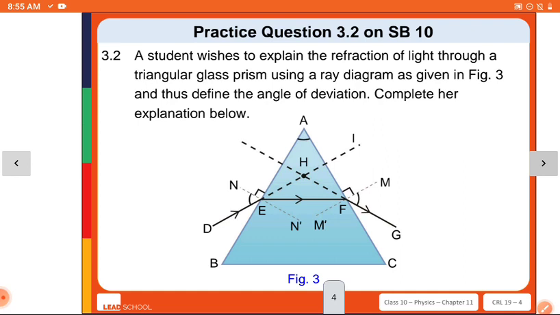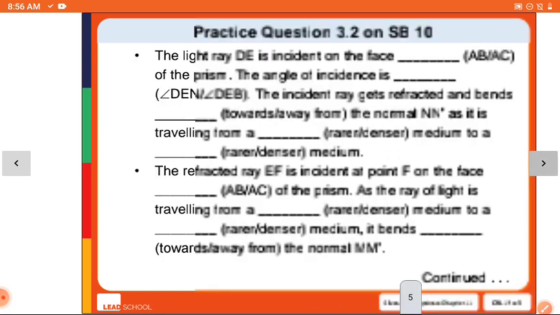Question number 3.2 on SB10. A student wished to explain refraction of light through a rectangular glass prism using the ray diagram given in figure 3. Using the definition of angle of deviation, complete their explanation.